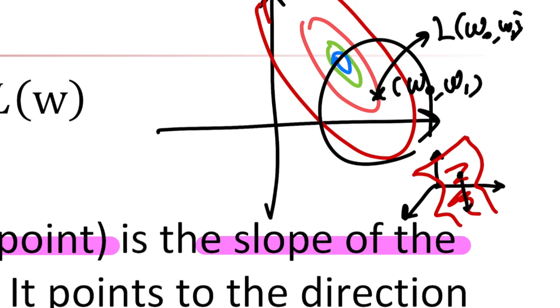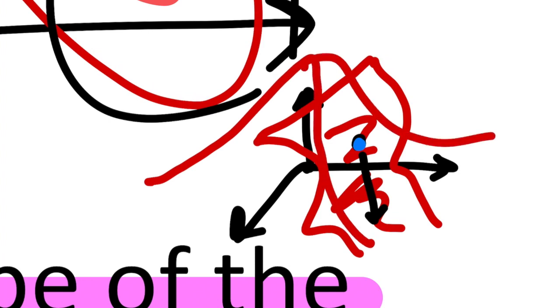Then how can you do that? First of all, we have to define the direction of our next step. If we are here, let's think of this as a kind of mountain, something like this.